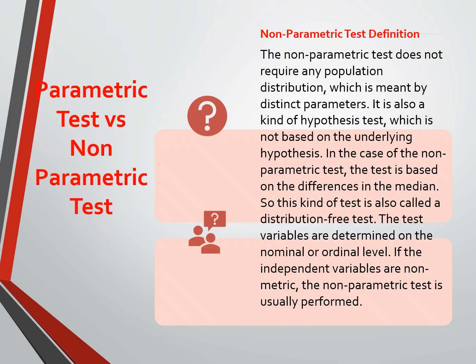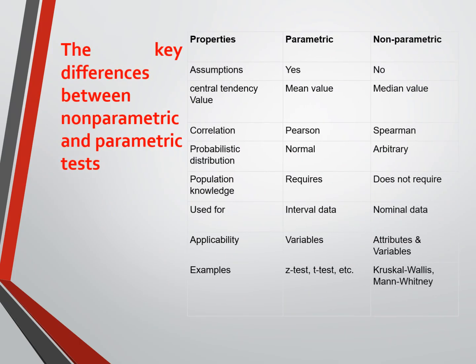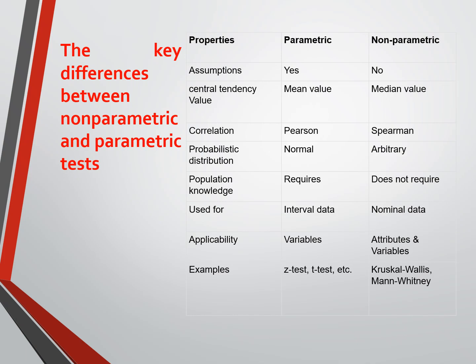So the difference between the two is that in a parametric test, the assumptions are made on the mean value, while in a non-parametric test it is the median. Very important here: we calculate the Pearson correlation coefficient in the case of a parametric test.